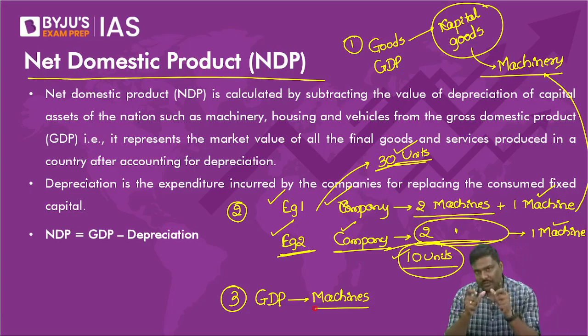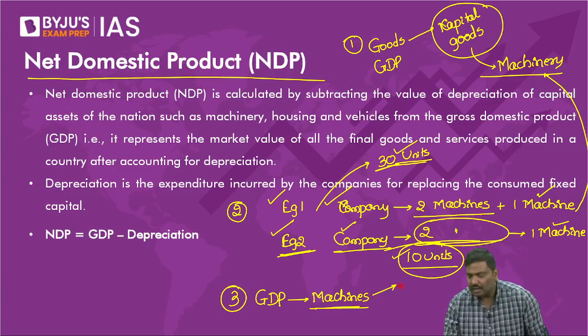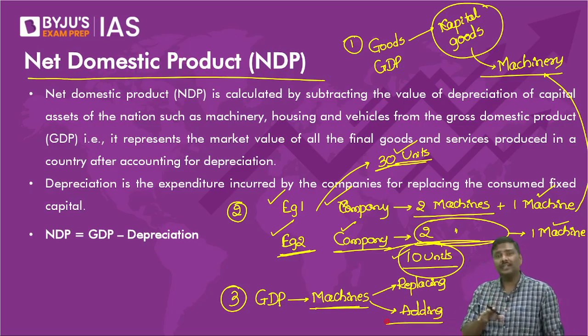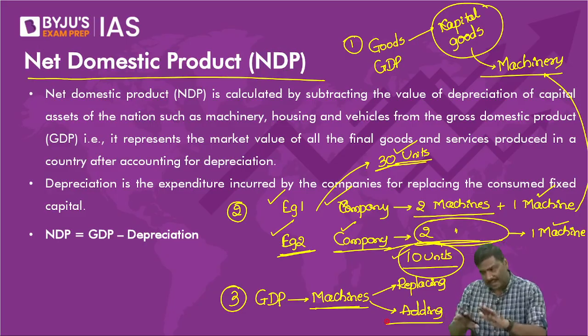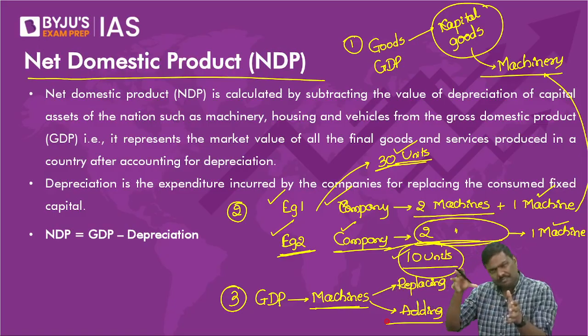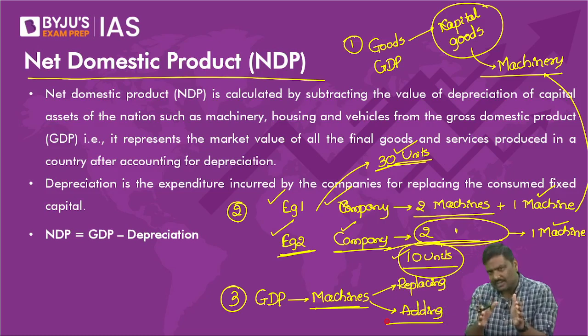Don't you want to find out whether these machines are used for replacing existing capital or adding to the existing capital? Don't worry about calculation. Understand the point. When you calculated GDP, you counted a lot of machines produced in India as a part of GDP.